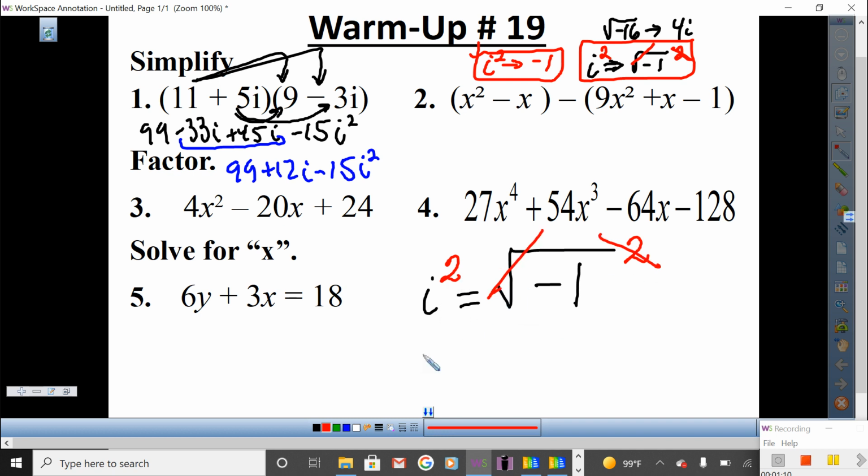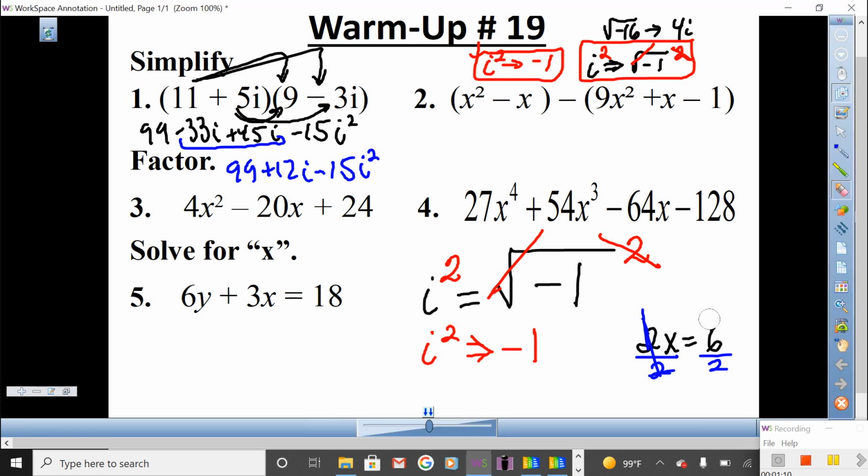That means we're left with i squared equals negative 1. It's kind of like saying 2x equals 6. The 2 is multiplying, what is the inverse of multiplication? Division. What is the inverse of a square root? Taking it to the second power.